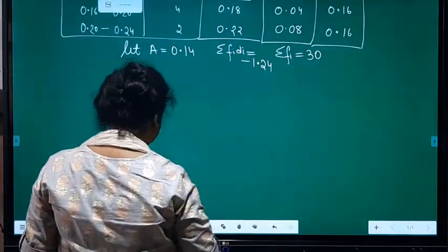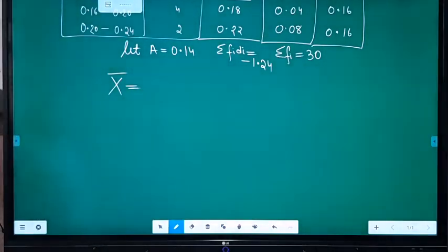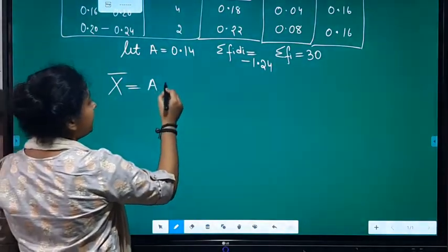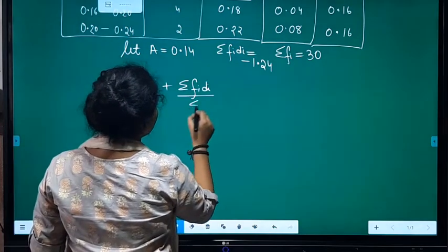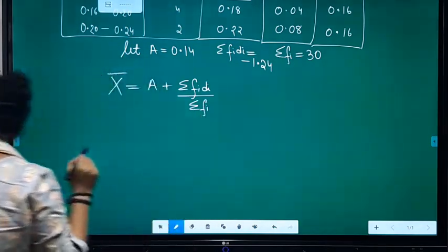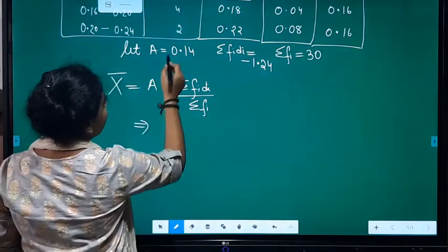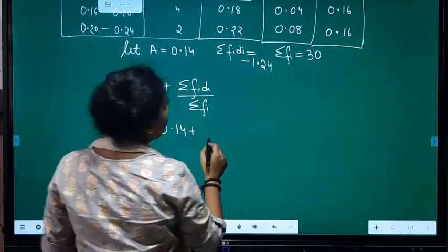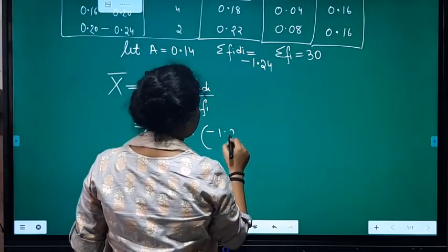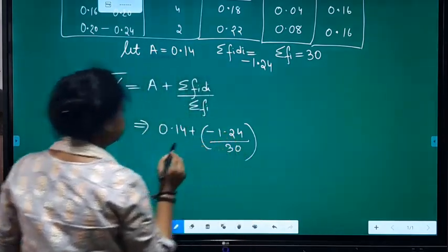Now we know the formula for mean by the assumed mean method is A plus summation fi di upon summation fi. This is our formula. So here, A we took 0.14. Summation fi di is minus 1.24 and summation fi we have 30.